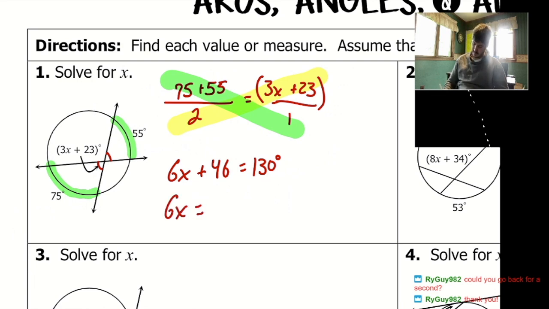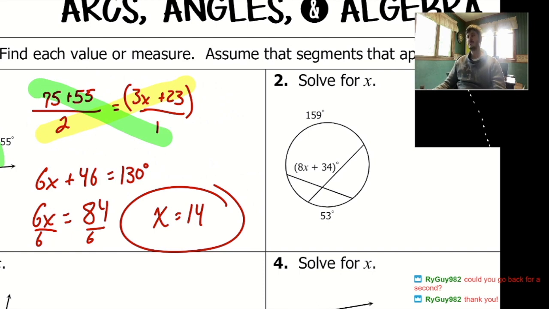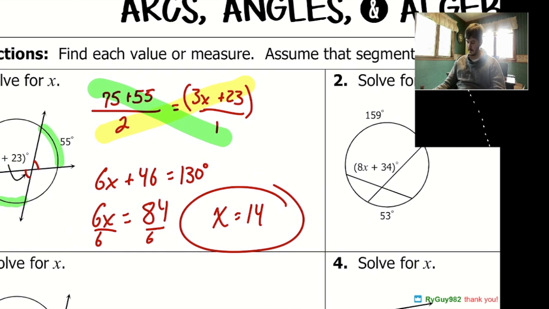We get 6x equals, what is that? Is that 84? Yeah. And then we can divide by 6 from both sides. We got x is equal to 14. So again, you just got to recognize the diagram and figure out how you're going to apply the rule from there.